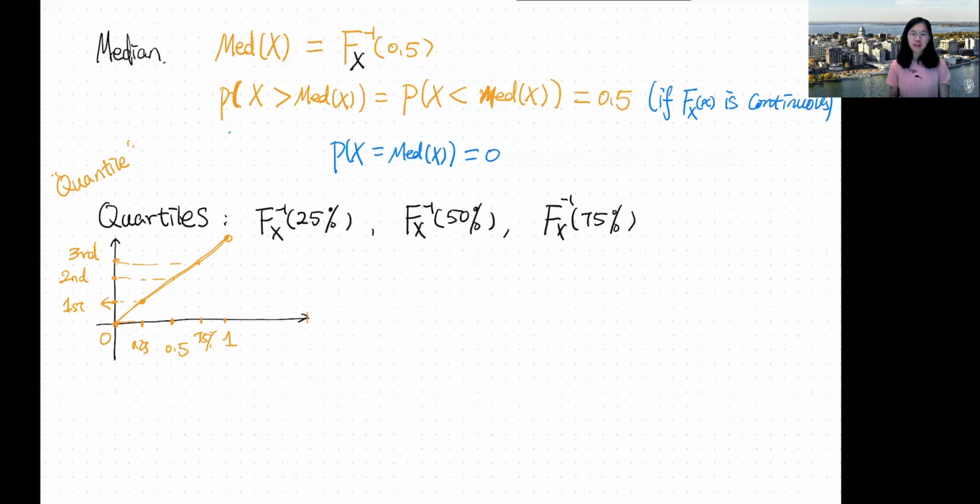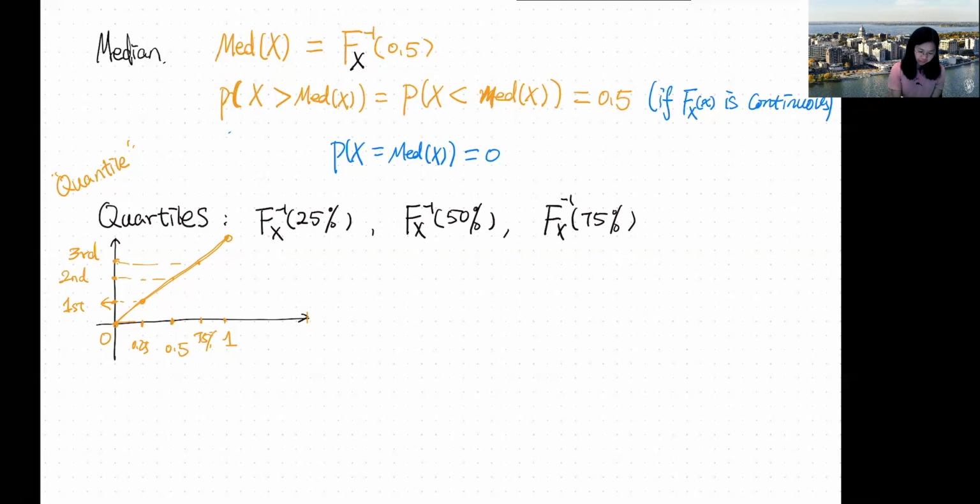Quartiles split the support of random variable x into 4 parts, and the probability that the random variable belongs to each of the 4 parts is the same and equals 25%, 1/4.